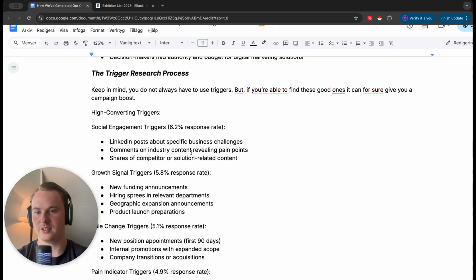A few examples: LinkedIn posts about specific business challenges, comments on industry content revealing pain points. I know Trigify also lets you filter specifically for people actively talking about a given topic, which is super good actually.